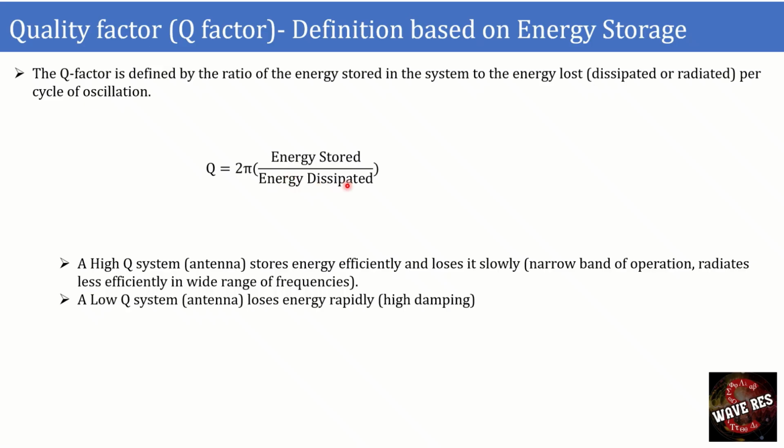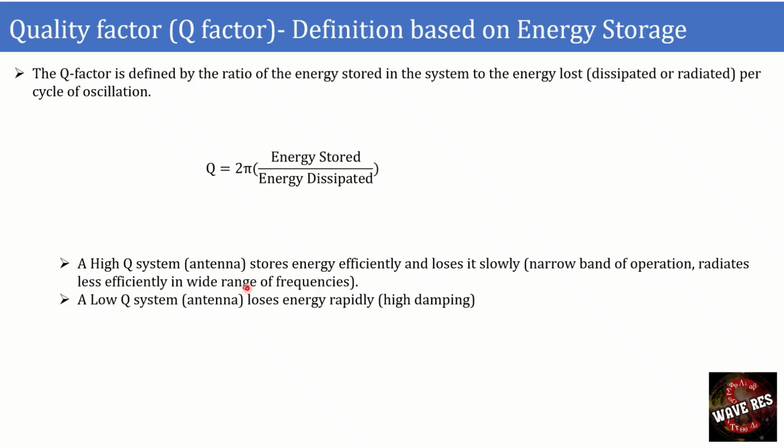In the case of an antenna system, a high Q antenna system stores energy efficiently and loses it slowly. That means that if we have an antenna with a narrow band of operation, the energy will be lost in that narrow band of frequency only, and at other frequencies the antenna will not be radiating and the energy will be stored.